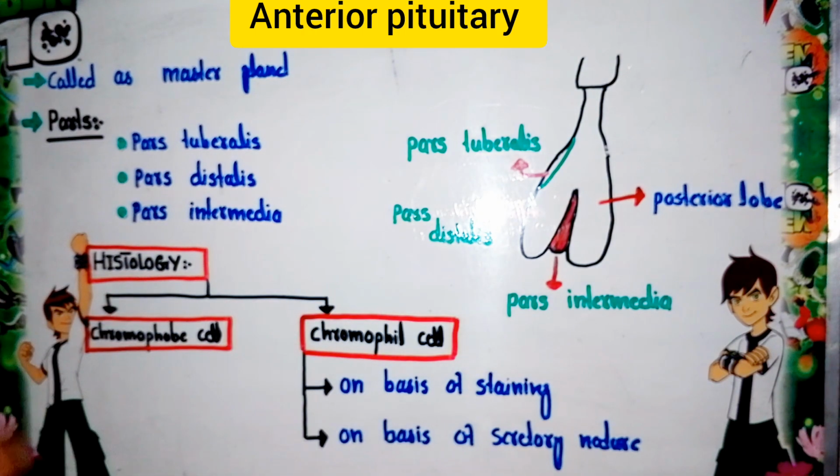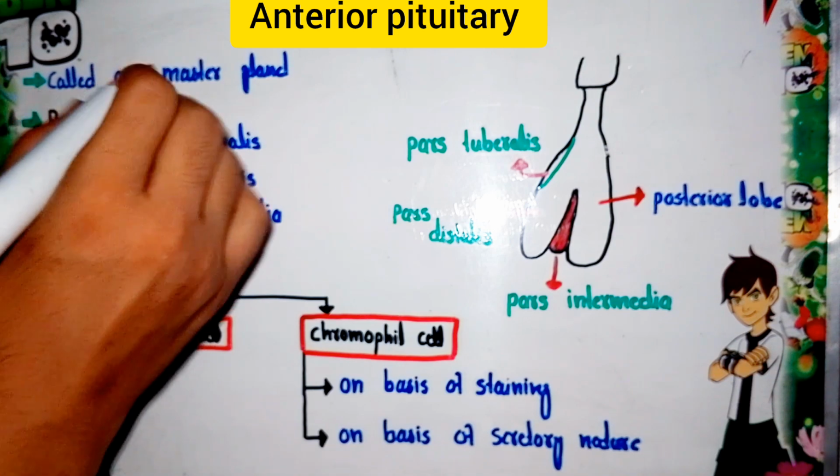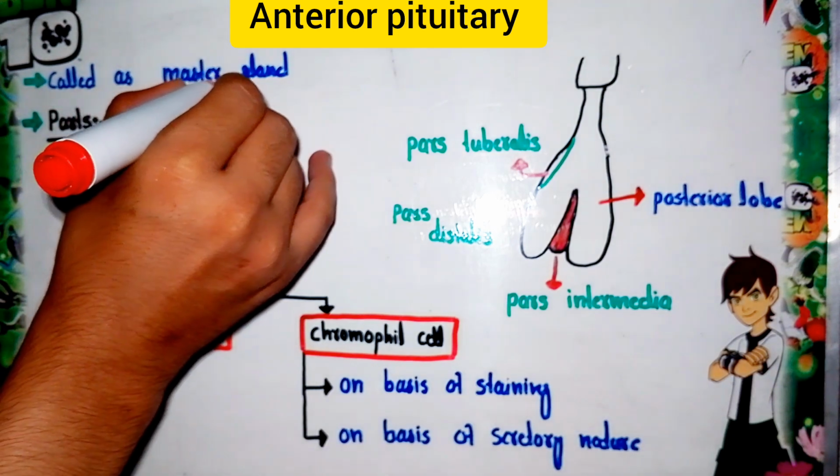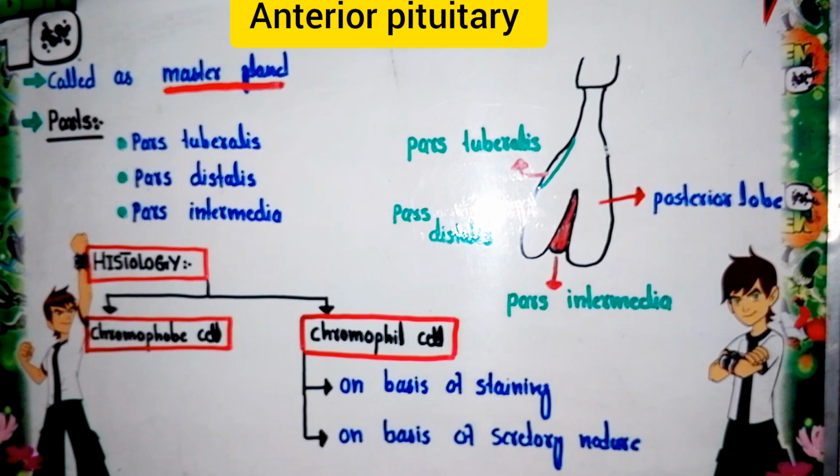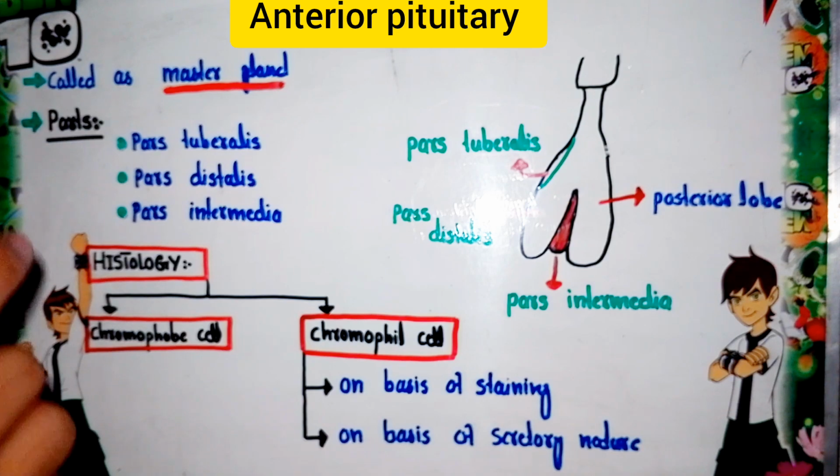Now this anterior pituitary gland is called the master gland of the endocrine system. Why is the anterior pituitary regarded as the master gland of the endocrine system? Because it regulates the functions of the other endocrine glands through its hormones.